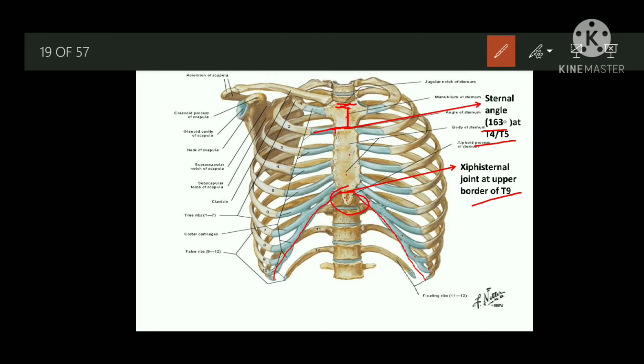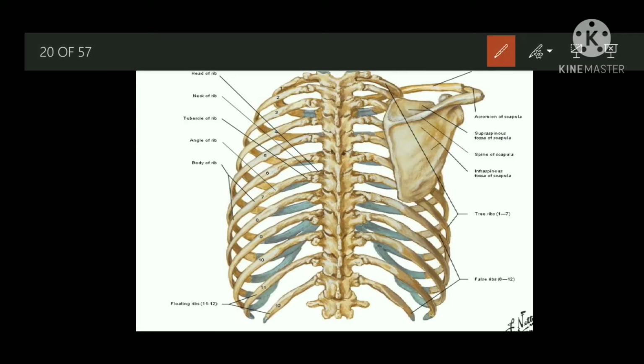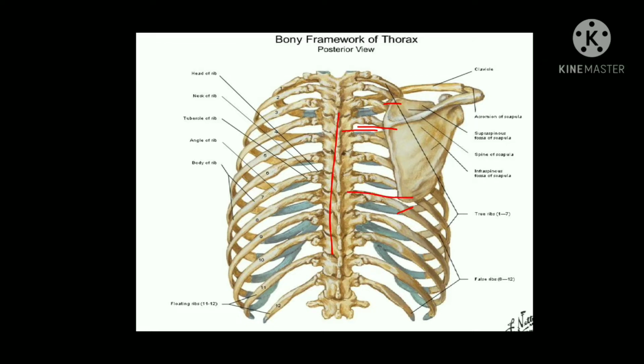Then posteriorly in this picture, there is the thoracic spine and the scapula that lies from T2 to T7. The root of the spine of scapula lies at the level of the spine of third thoracic vertebra, and the inferior angle lies at the level of the spine of seventh thoracic vertebra.